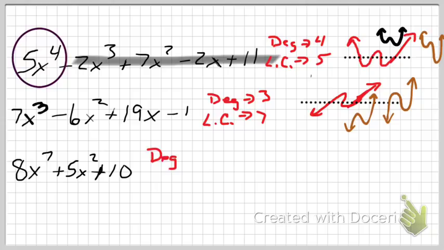Okay, so we have odd degree of 7, leading coefficient that's positive. Our end behavior looks like that. Now we have to draw a graph that could potentially hit a x-axis 7 times.